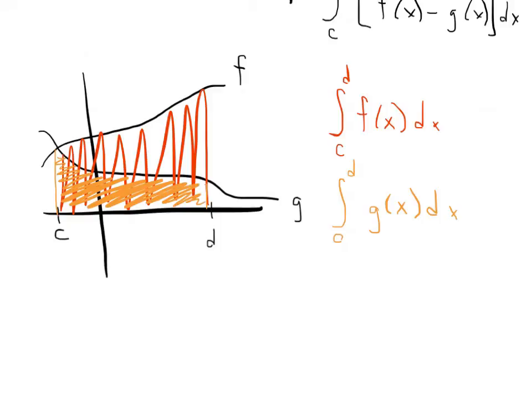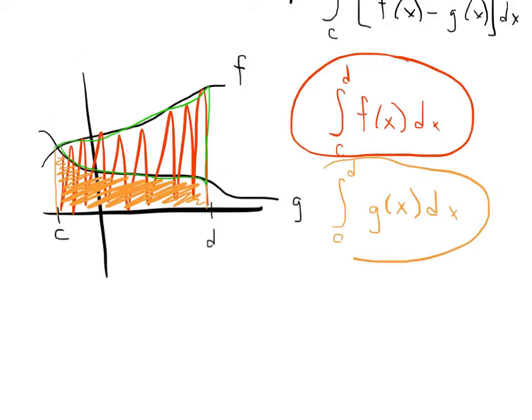But now think about it. How could I find out what this area between the functions is? Well, it should make sense that I could take the red area, which was the entire thing, and subtract off the orange area, which was just the section under the g function, and that would give me that green outlined area that's in between.